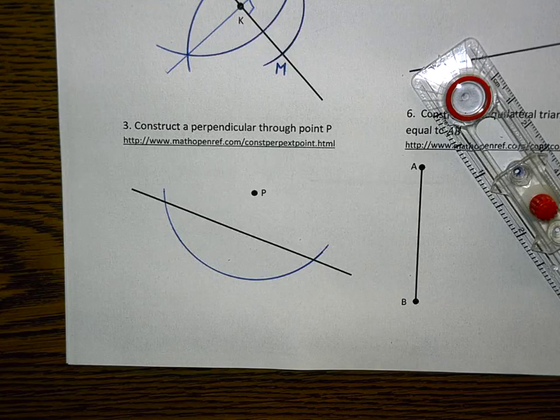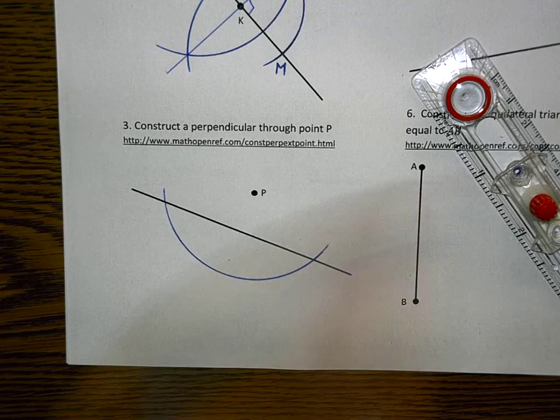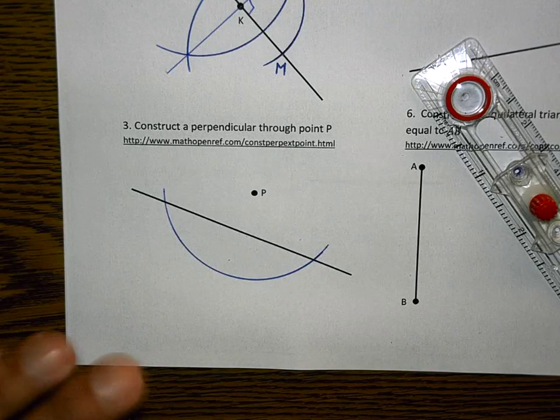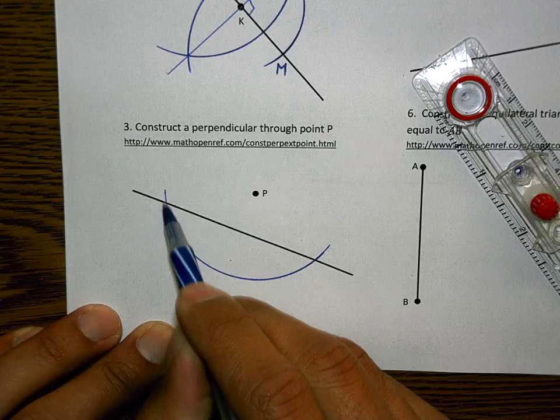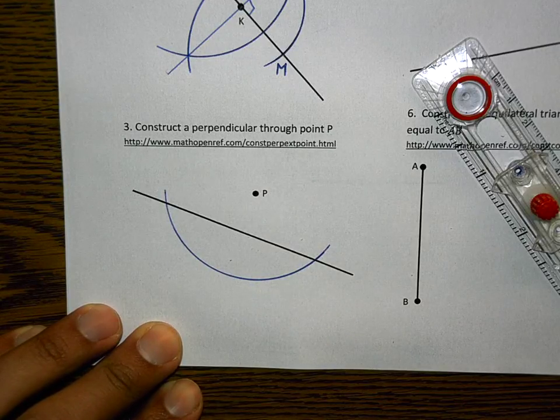Now I actually have 2 points that are equidistant from point P. This intersection here and this intersection here is the same distance from P that are from each other.